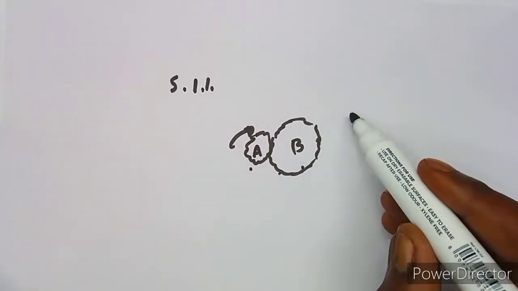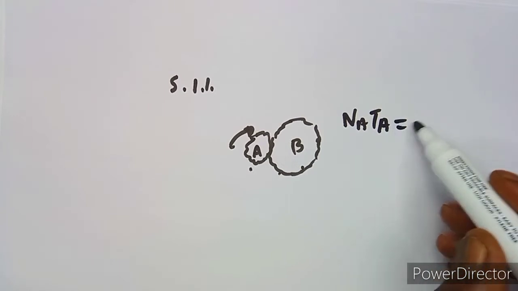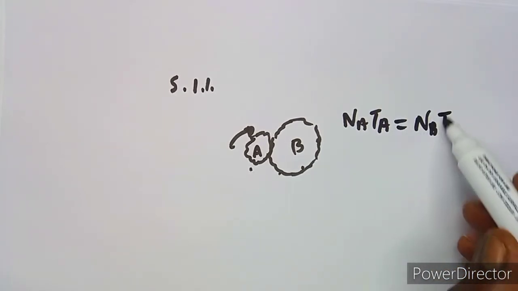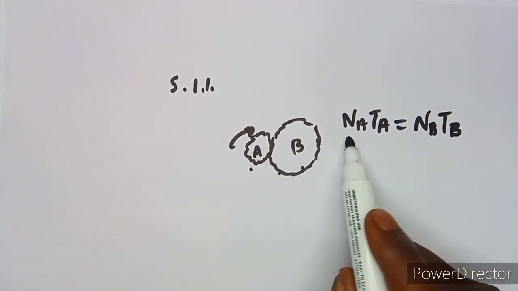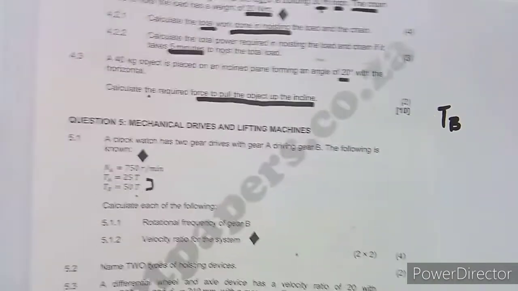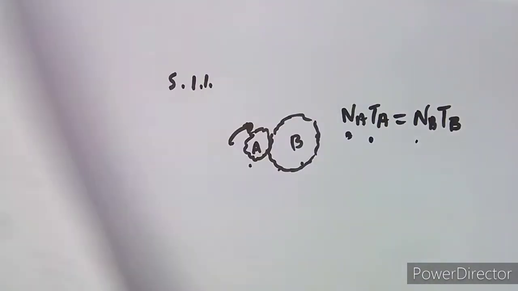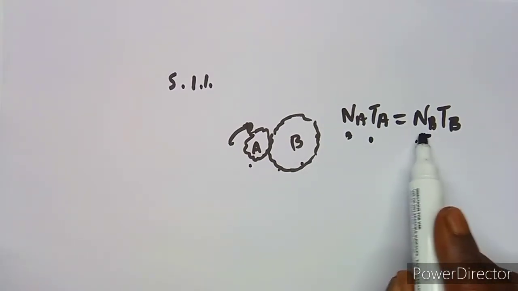We are going to use NA TA is equal to NB TB. So we've got the rotational frequency and the number of teeth on each side. What we need is to find the rotational frequency of gear B, which means we have to make NB the subject.